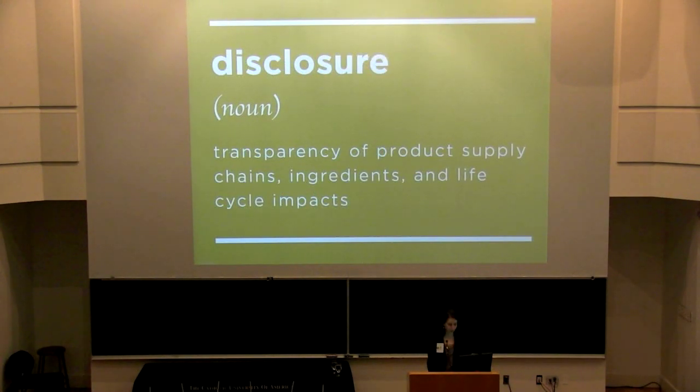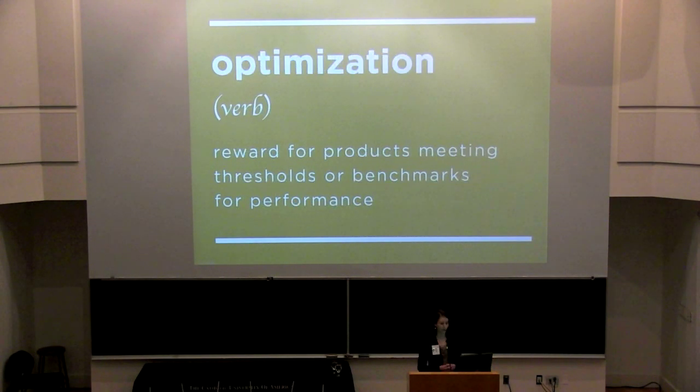When we talk about disclosure, we're talking about, as Larry was just discussing, actually knowing what is in our products, having a comprehensive list. And when we talk about optimization, we're talking about rewarding, through our credits, products that have gone through the process of trying to be healthier. They do not contain any toxic ingredients.